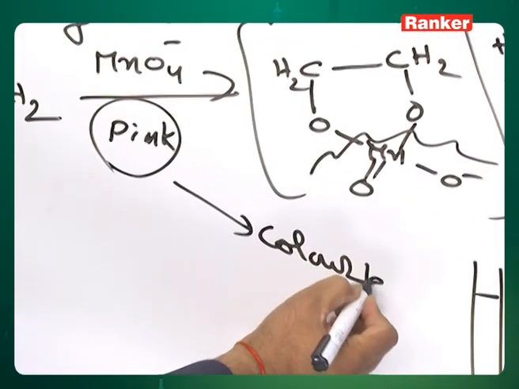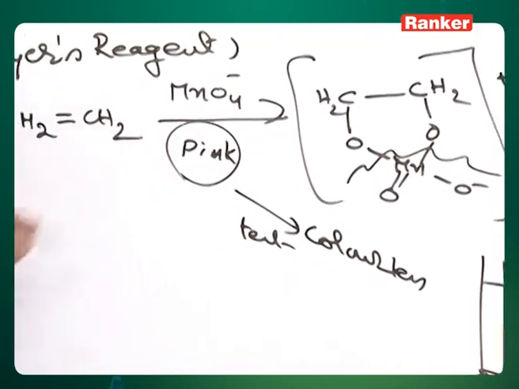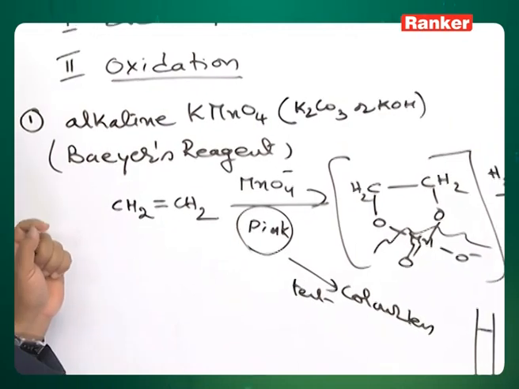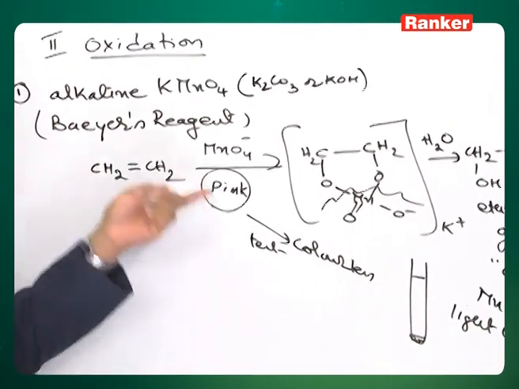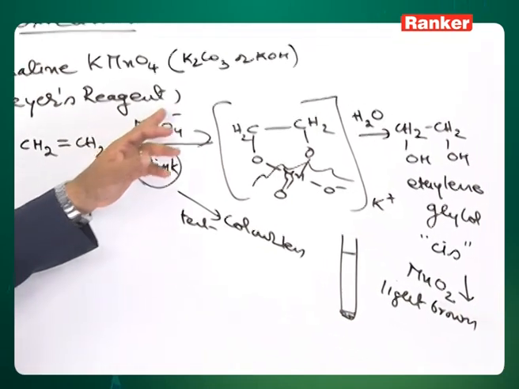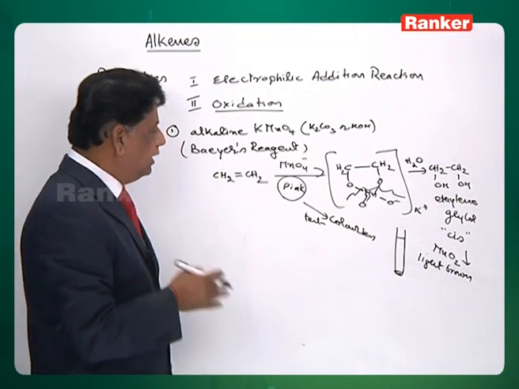So this is the test, in fact. You can use it as a test. You take an alkene and add one drop of the pink colored solution, that is Bayer's reagent. After some time the pink color will become colorless because of the consumption of KMnO4, MnO4 minus becoming MnO2. So the color is discharged.